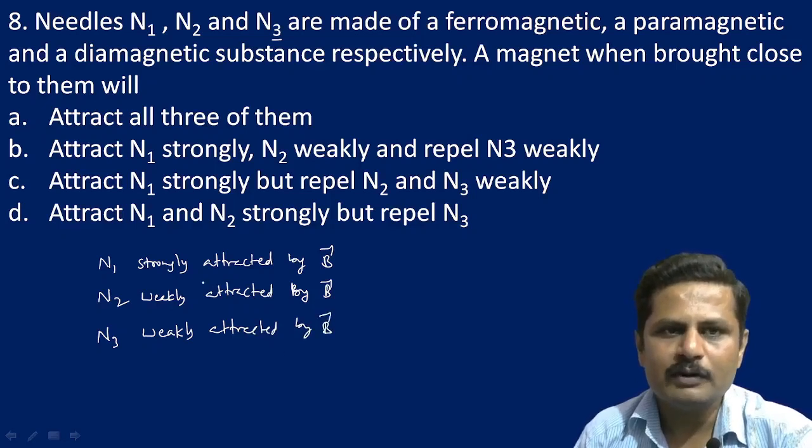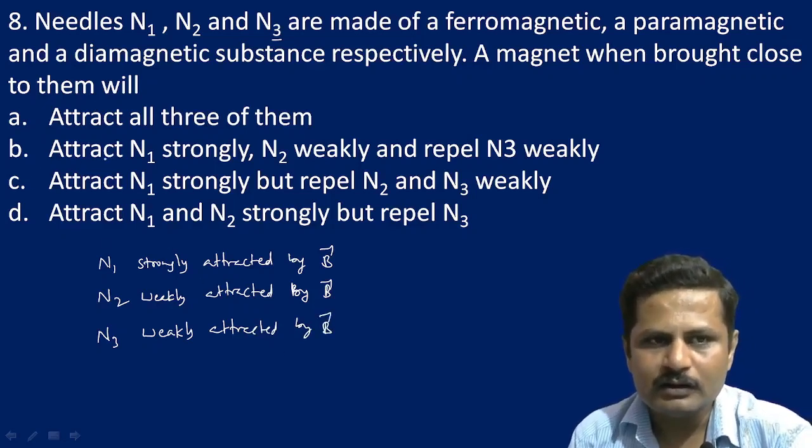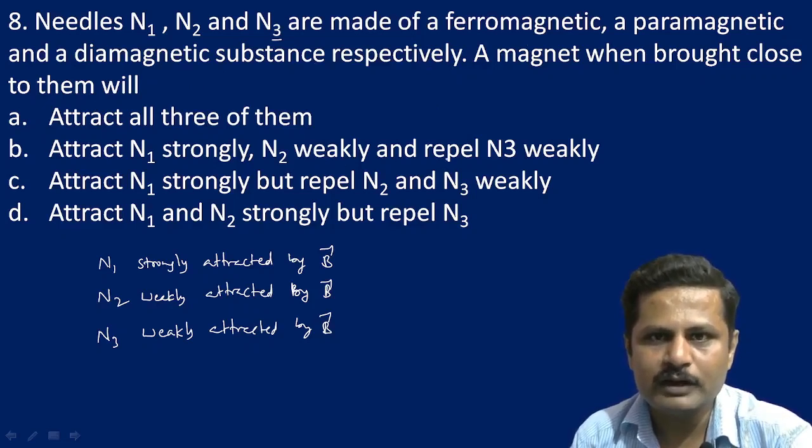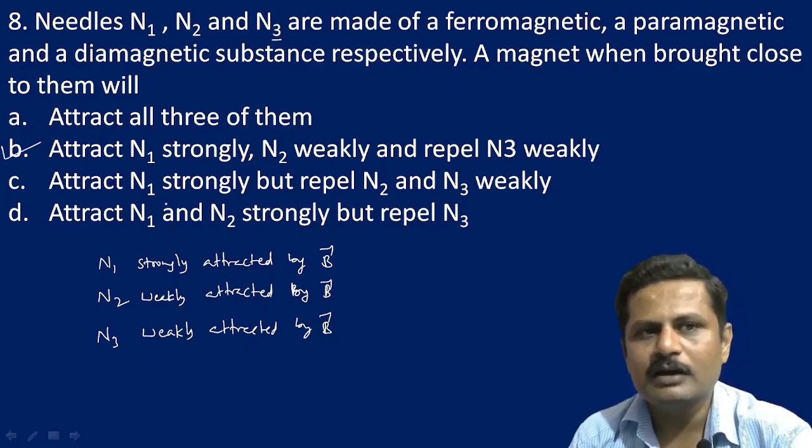So by these properties we can see that the second option, that is, attracts ferromagnetic substances strongly, paramagnetic substances weakly, and repels diamagnetic substances weakly. So that is the right answer, B is the correct answer.